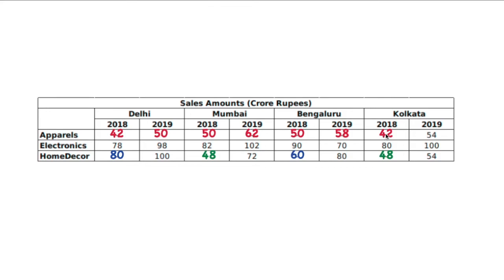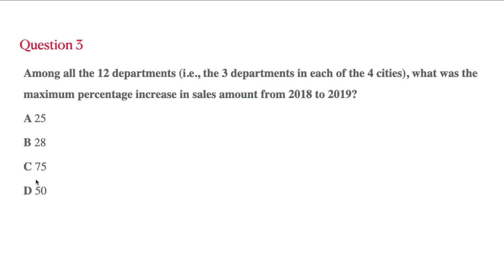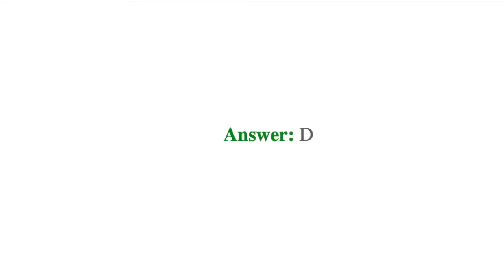Like for 42, the double is 84 to get a 100 percent increase, or if nearly 75 percent, it should be between 21, which is 63, and 84. So you can just check like that. You don't have to write down every single cell's percentage increase. So here we have 50. Yes, the answer is 50.